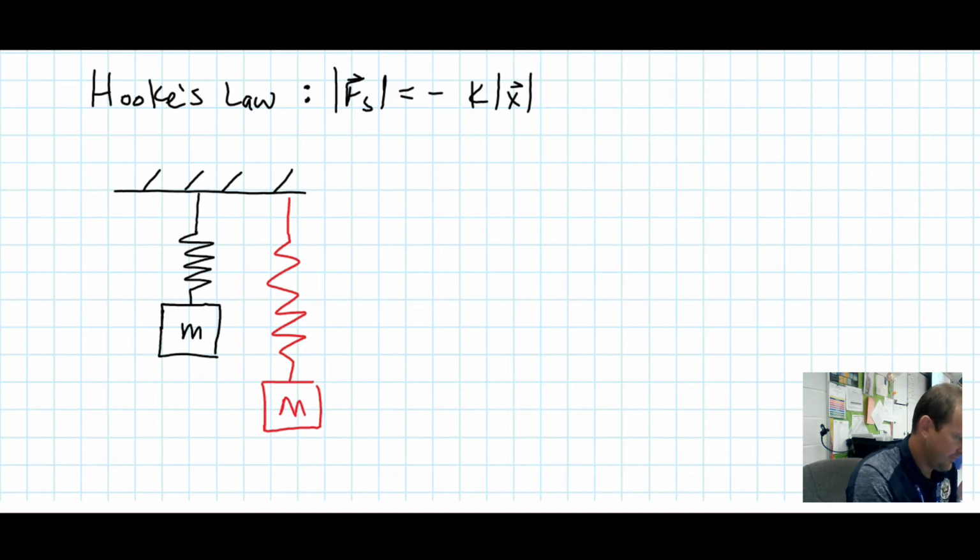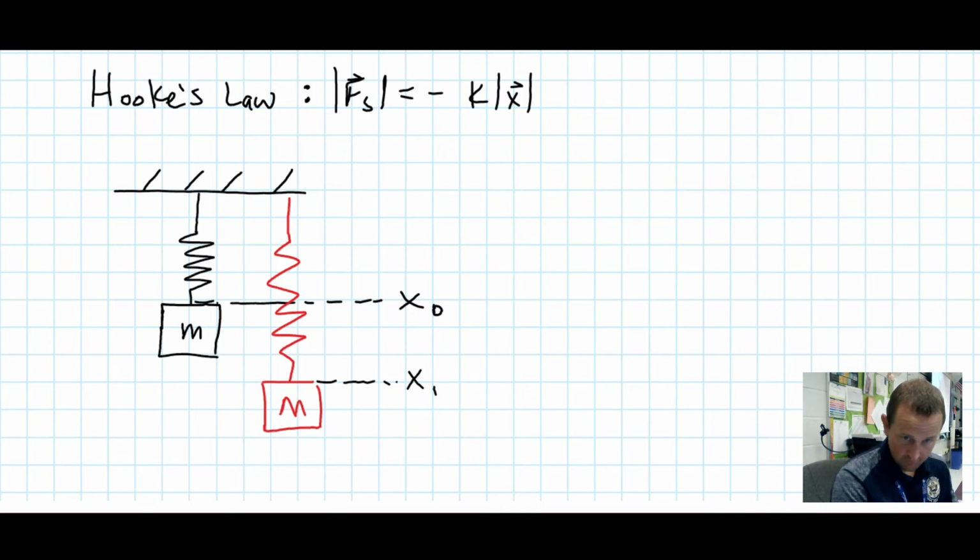So at first we had a position here, and then in the end we had a position here. And so we had a displacement equal to x1 minus x0.